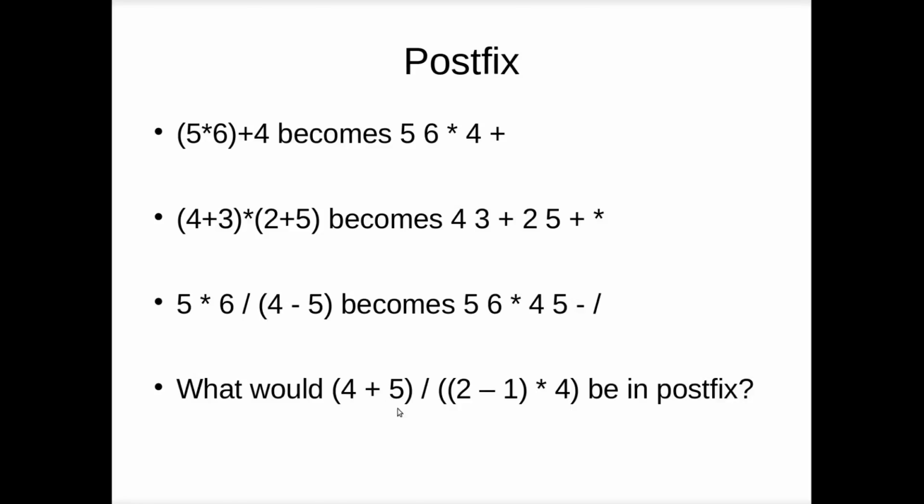If I'm going to do parenthetical 4 plus 5, divided by parenthetical 2 minus 1 times 4, in postfix this would be 4, 5, add, and then the parentheticals, 2, 1, minus, and then multiply, and then divide.